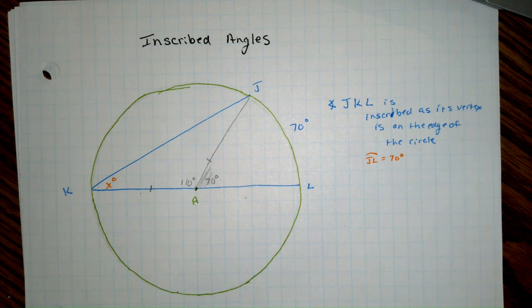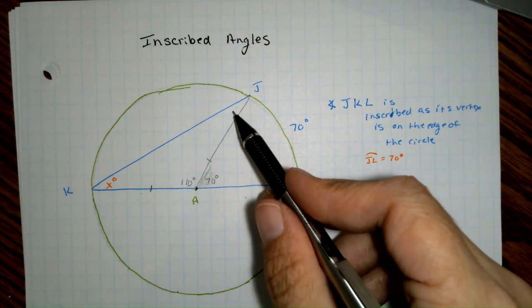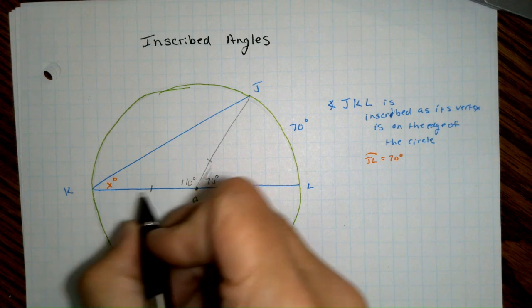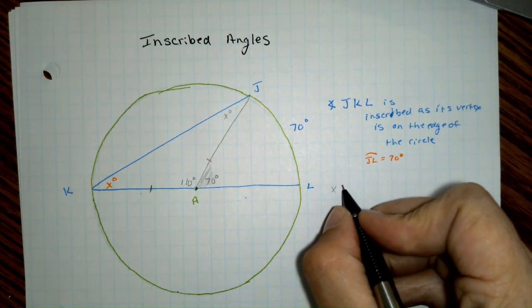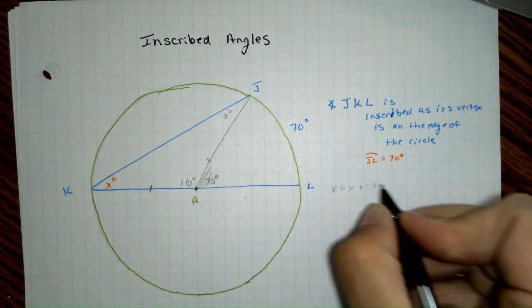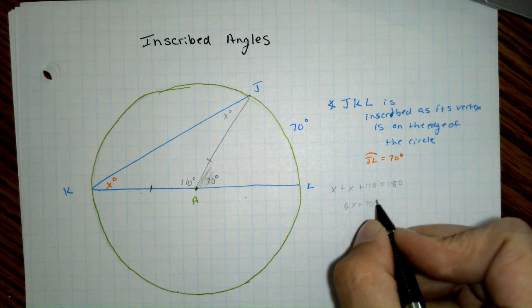All right. So what's that leave for these two to share? Well, because this angle is congruent, this would have to be an x as well. So x plus 110 has to equal 180 degrees. So 2x has to equal 70 degrees.